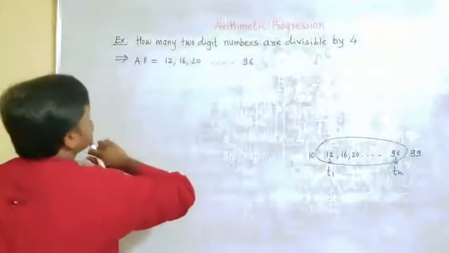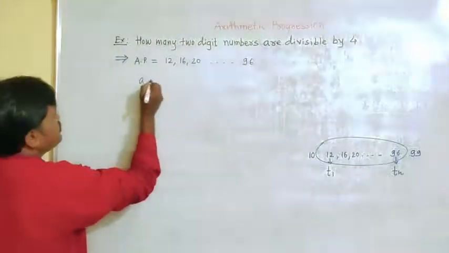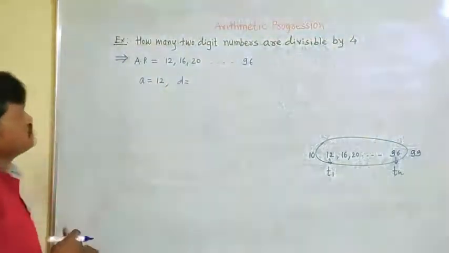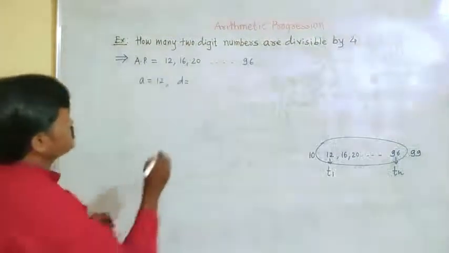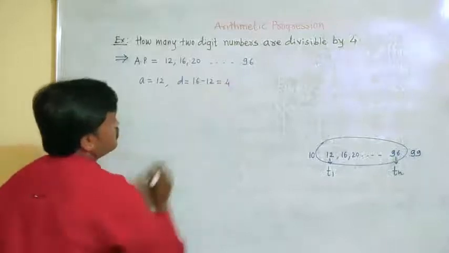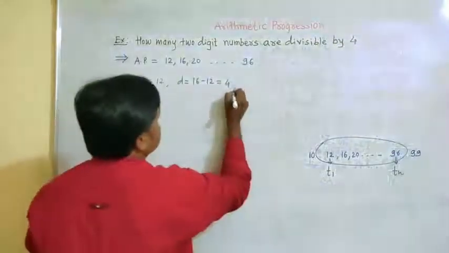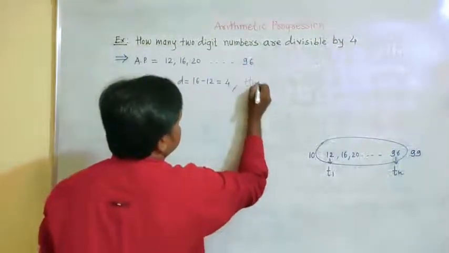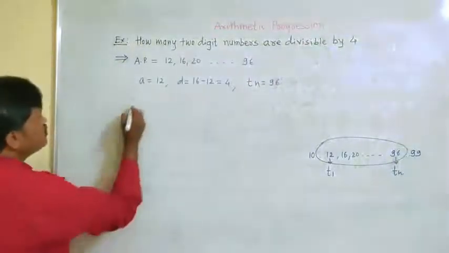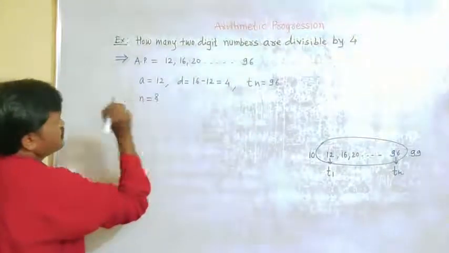So 12 is the value of A, and D is 16 minus 12, that is 4. And 96 means Tn is equal to 96. We find the value of n.